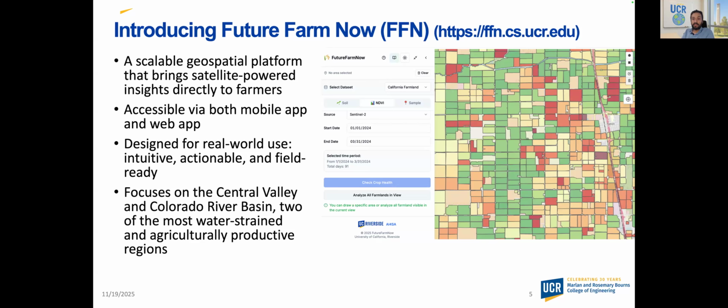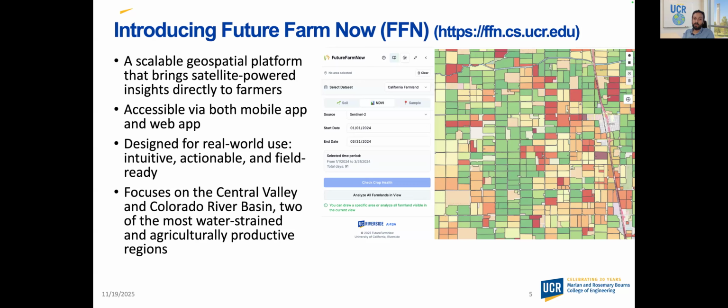It's really designed to be easy to use. For real world use, it's really intuitive. We try to make it as simple as possible. We don't make it very complicated, as we do for scientists. We know that we are reaching out to farmers who might not have the time to invest in a steep learning curve for a new tool. So we try to make it as simple as possible.